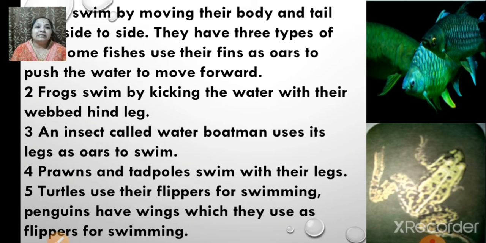It uses its legs as oars to swim in water. Prawns and tadpoles swim with their legs. Turtles use their flippers for swimming. Now, children, have you seen penguins? They have wings, but they cannot fly. So, what do they do with their wings? They use their wings as flippers for swimming.